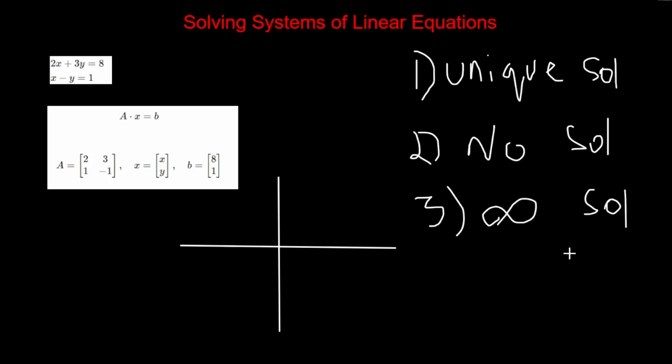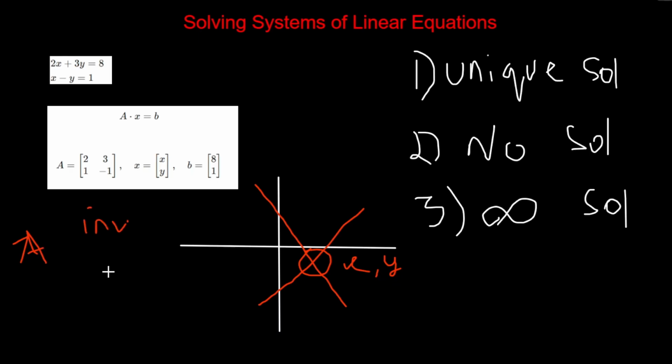Let's talk about unique solutions. In 2D view, you already know that when the equations are represented in the form of lines, if they intersect at a point, they have a unique solution. This point, the xy pair that satisfies both equations, is the only point. If you represent this in the form of a matrix, let's say this is the matrix A. The condition for a unique solution is that the matrix A must be invertible.